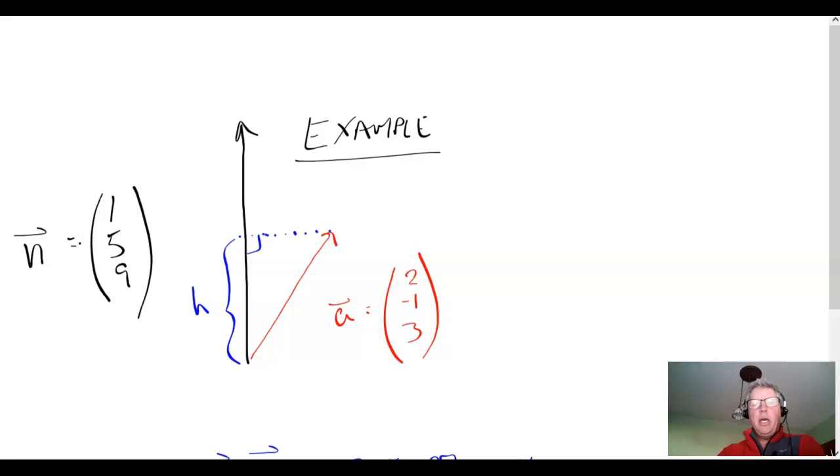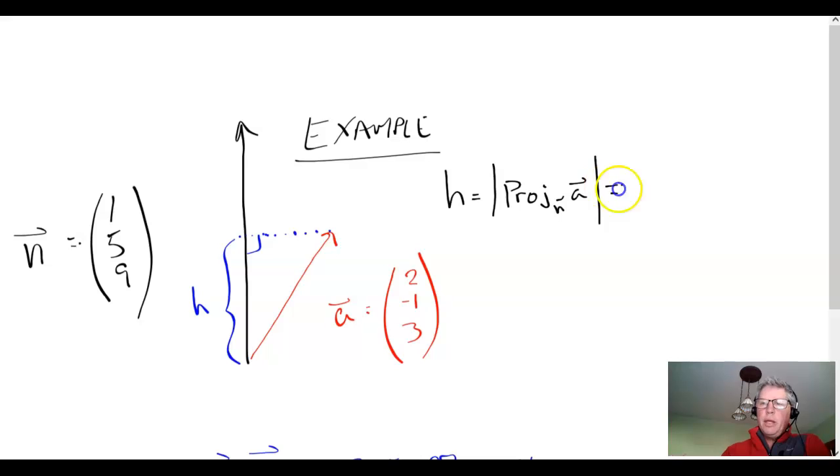Quick example: let's say this vector n is (1, 5, 9), and we have this vector A as (2, -1, 3), and I would really like to know what h is. So I would write h is equal to the magnitude of the projection of A onto n. You'll see that written different ways in different books. That is just A dot n over the magnitude of n.